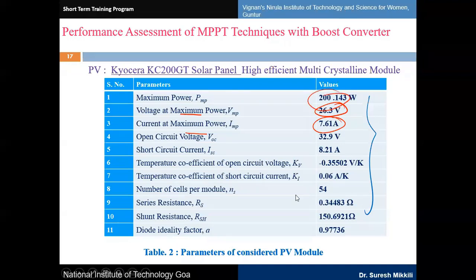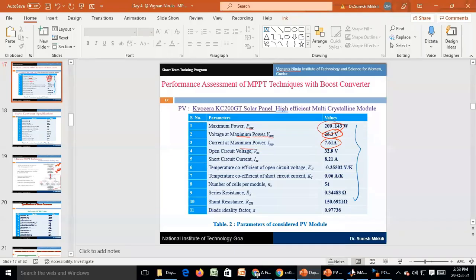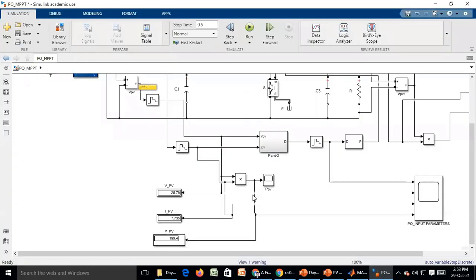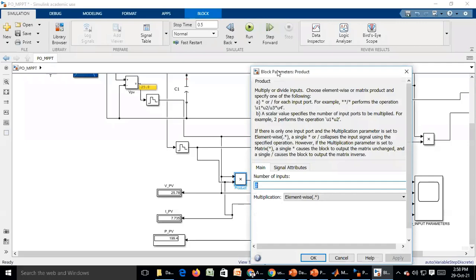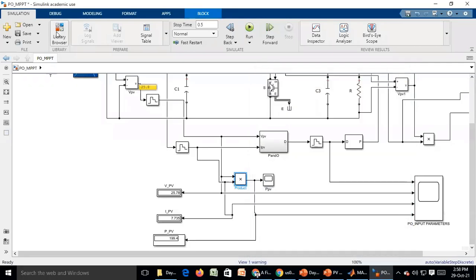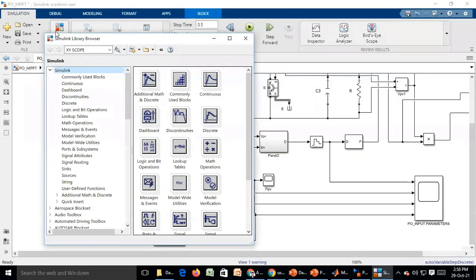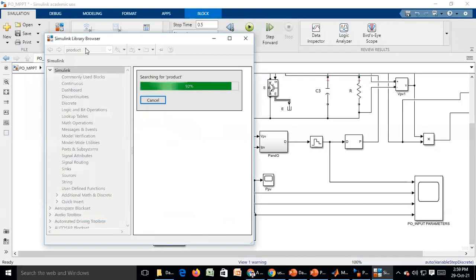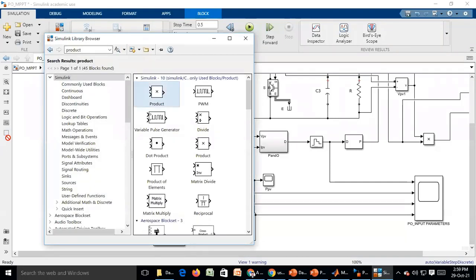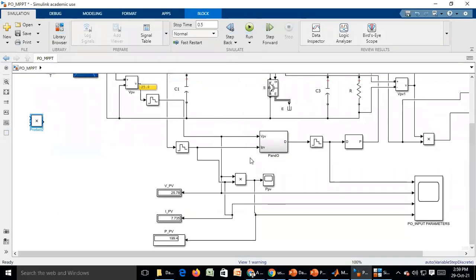How much power are we getting? By multiplying voltage and current, this is the product element. If you click here, the product block will come. This block we did not use yesterday. If you want to multiply voltage and current, the product block can be taken directly.